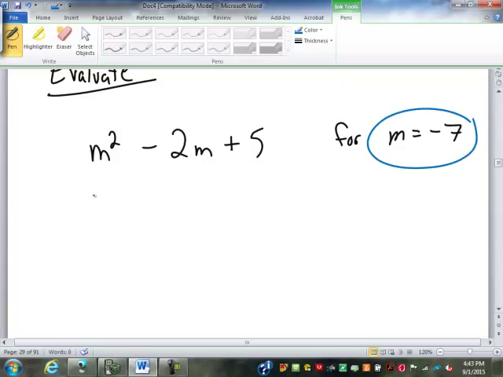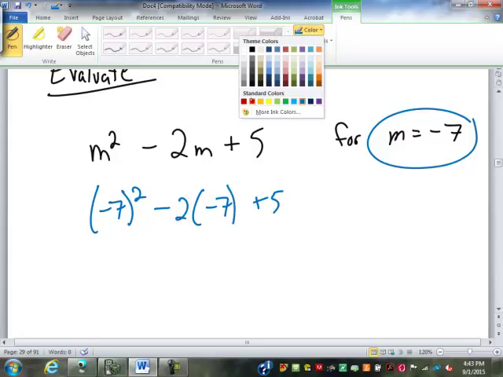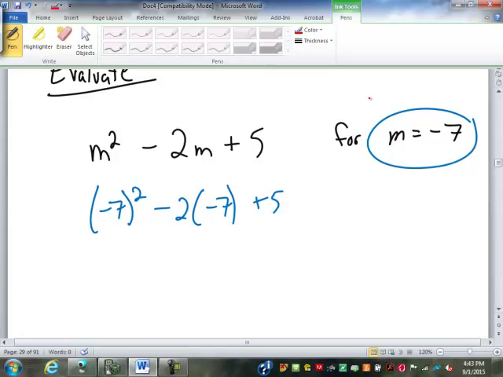So this becomes negative 7 squared minus 2 times negative 7 plus 5. Now as we calculate this, if you're going to use your calculator, be very careful. What does negative 7 squared have to become? Positive 49. Any number squared will be positive. Do not let your calculator try to tell you that that is a negative 49, because it is not. It's a positive 49.